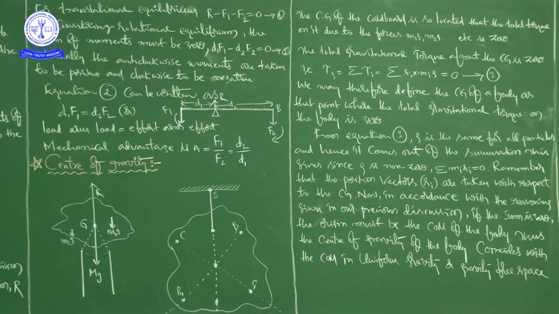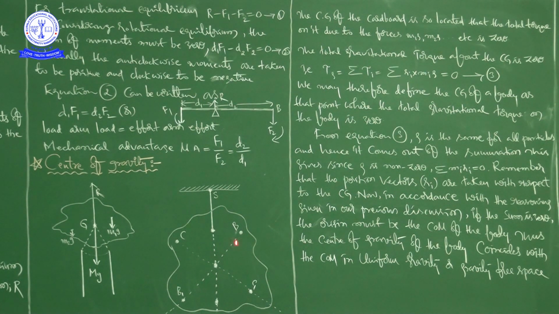Here is another way of determining the center of gravity of an irregularly shaped body like a cardboard. First, take the body and suspend it from some point like A. The vertical line through A passes through the center of gravity, and we mark that vertical line as A1.